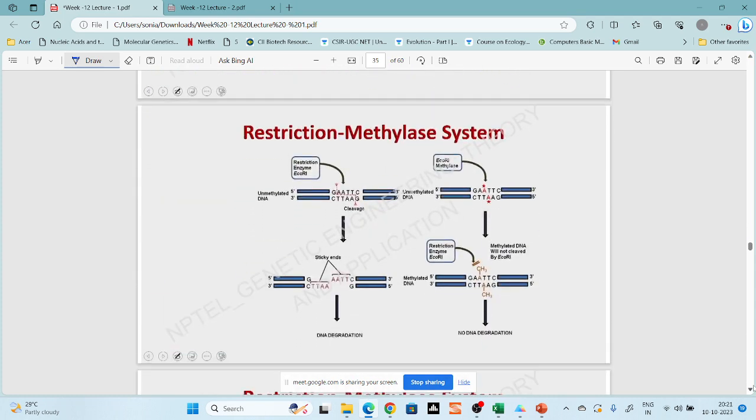Anyways, then we come to the restriction methylase system. I think this point is important because sir has also explained this point a lot, and in this class also he took up the points. One thing you remember: this last lecture is very important, because whatever topics are covered in the last lecture are surely very important.